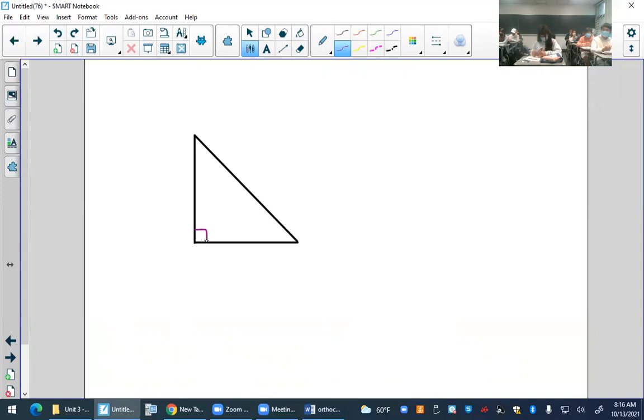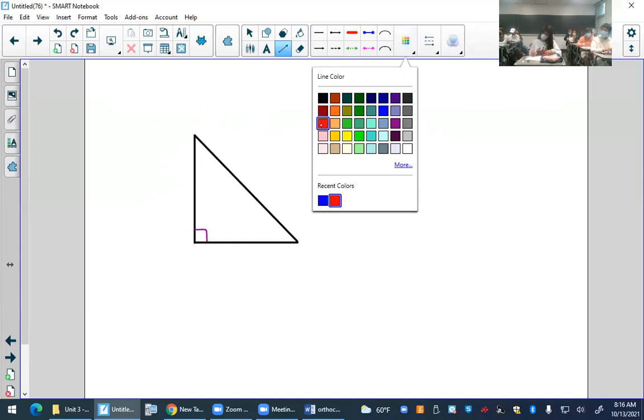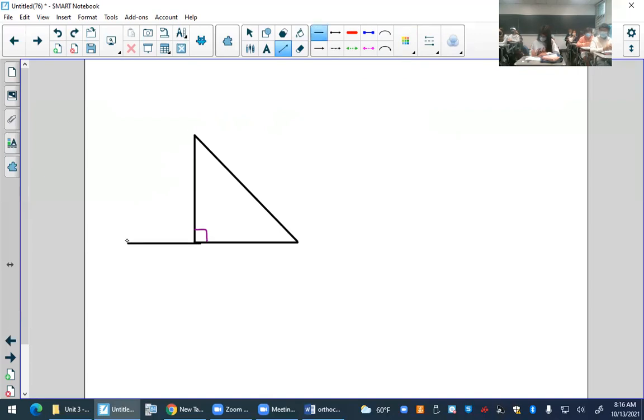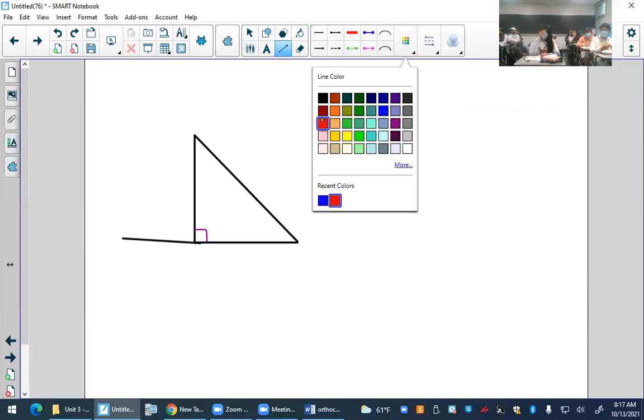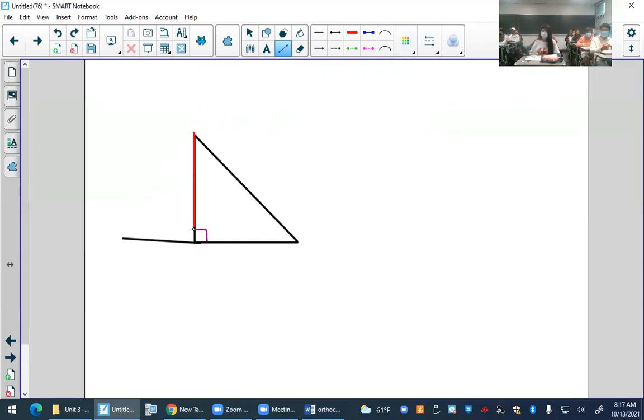If we did the altitude from here on this one, the altitude would actually end up being here. We would extend this, and then we would do the whole thing, and the altitude would end up being here.